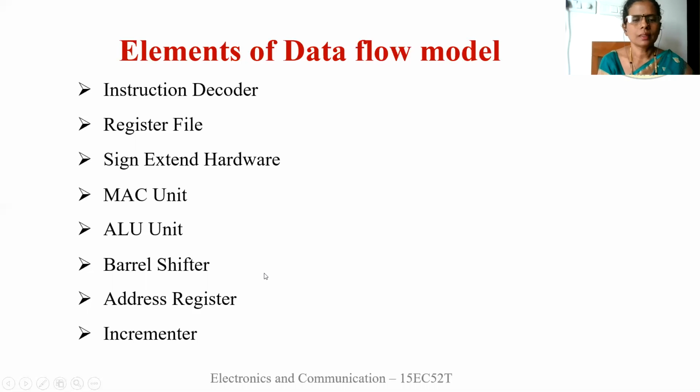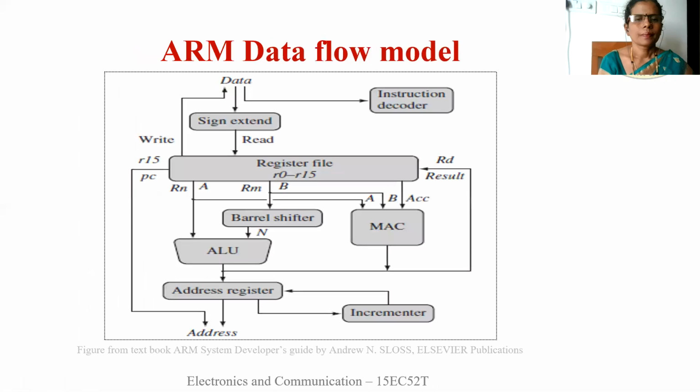Once you see the diagram, you can remember all these elements. Sometimes they'll ask you to list the elements of the ARM data flow model. So you have to list all these 8 elements. How many? 8 elements are there.